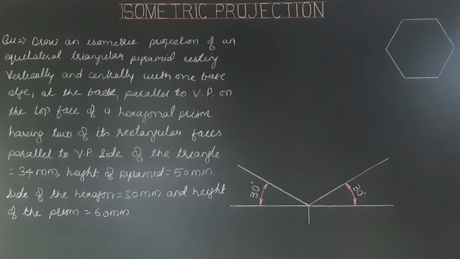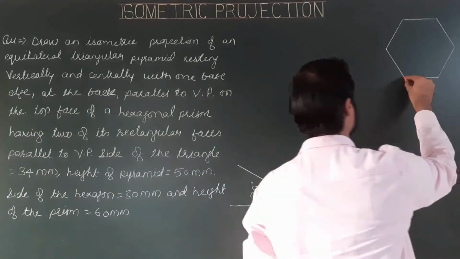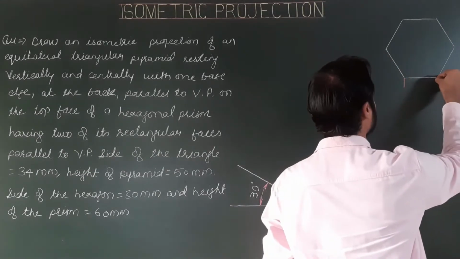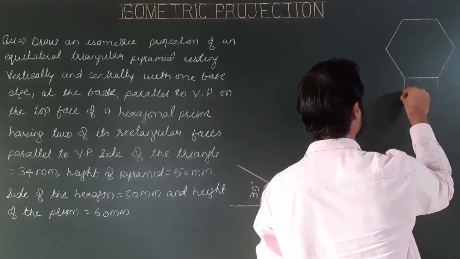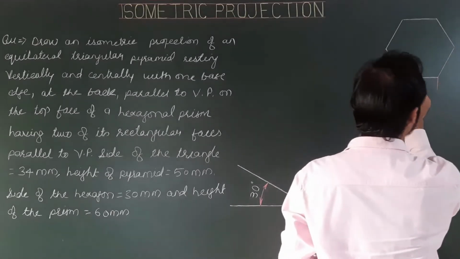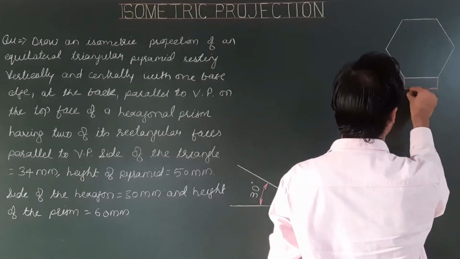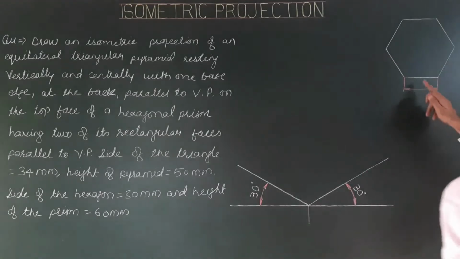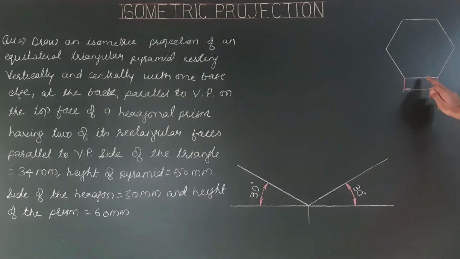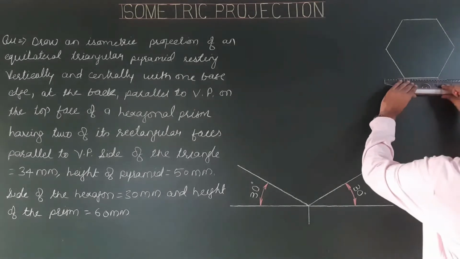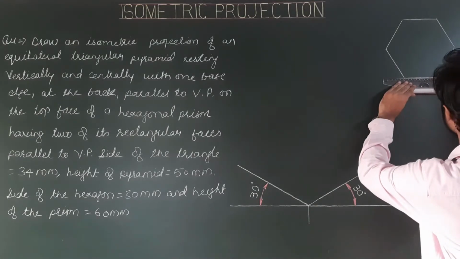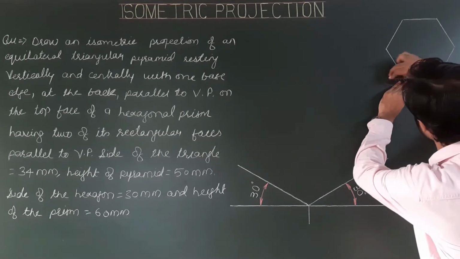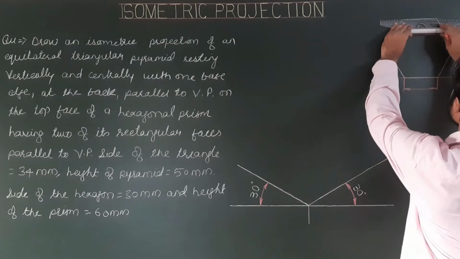Next we have to enclose this hexagonal plane inside a rectangular box, by drawing lines parallel to and perpendicular to the first base side. Say this is the first base side, so drawing lines parallel to and perpendicular to this base side, passing through all corners of the hexagon.